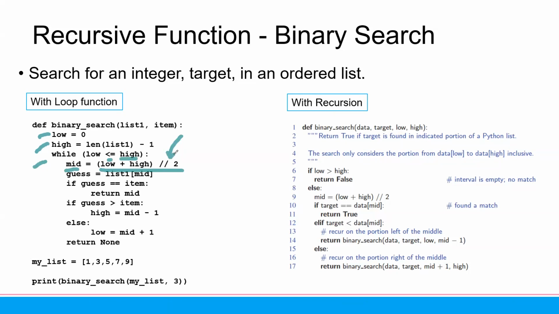Do not forget this mathematical operation. And your guess value will be the mid value. And if it is the same as the item, then you can just return it.